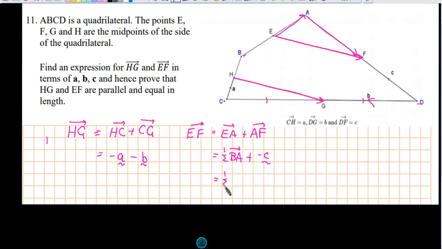Who made this question up? BA is going to be BC plus CD plus DA. And don't forget, I've still got my take C. So what is B to C? Minus 2A. Are we seeing where this is going? Plus CD minus 2B. And I'm thinking, I should have done this the other way. DA.